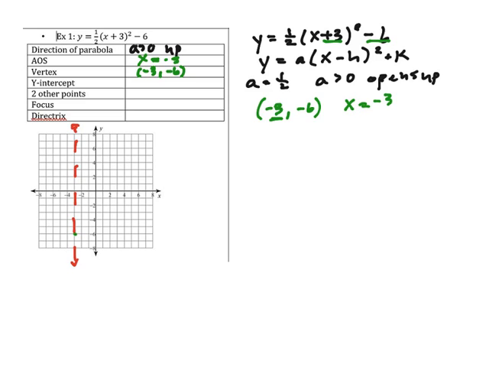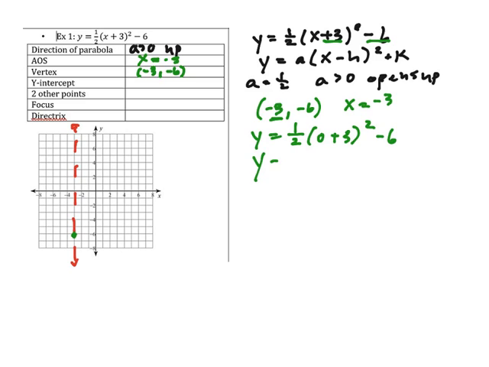Now once we determine the vertex, let's go ahead and find the y-intercept. For vertex form, you can't automatically pluck out numbers like we did in the standard form, because there is no c. So we have to make x equal to 0. So y equals 1/2 (0 plus 3) squared minus 6.